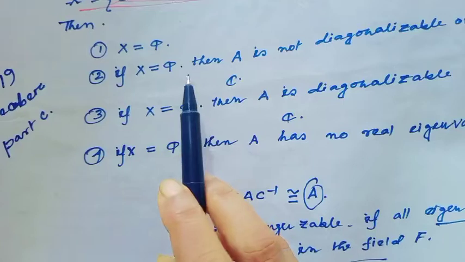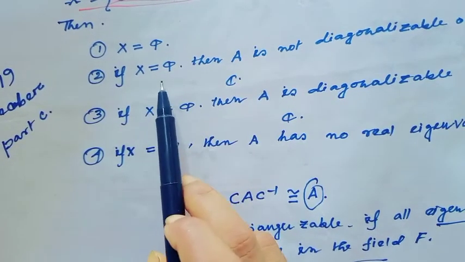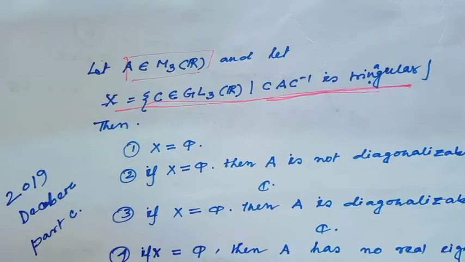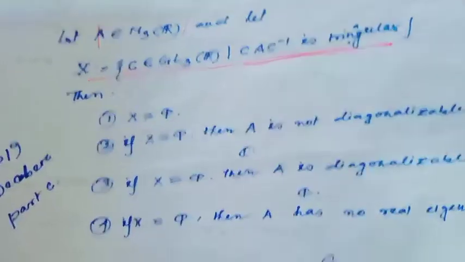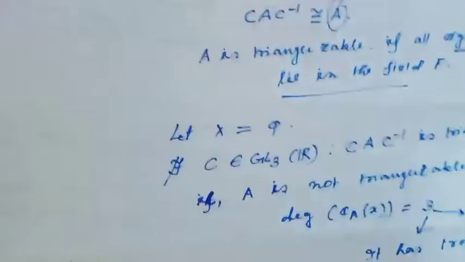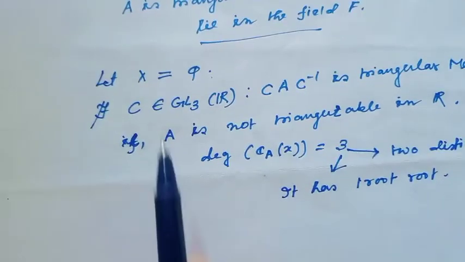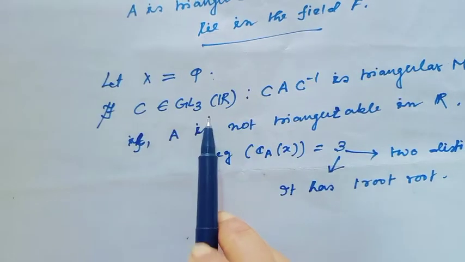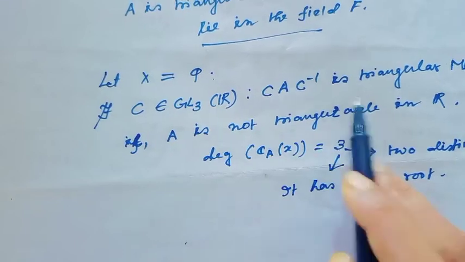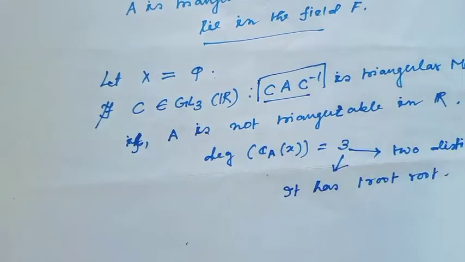Now I will see option 2 and option 3. Here it is indicated that X is the empty set, where X means this set. If X is empty, that means obviously there does not exist any C in the invertible 3x3 matrices over the real field such that CAC inverse is triangular.